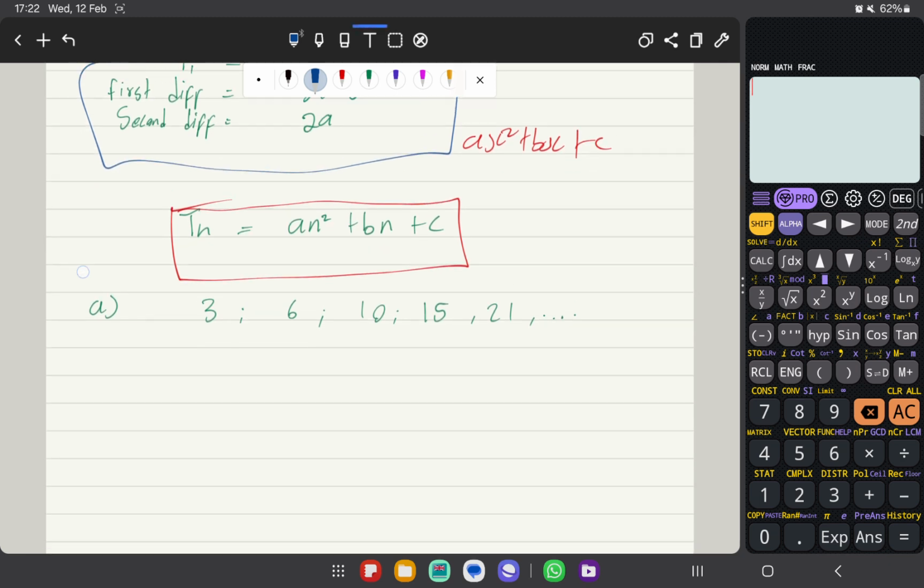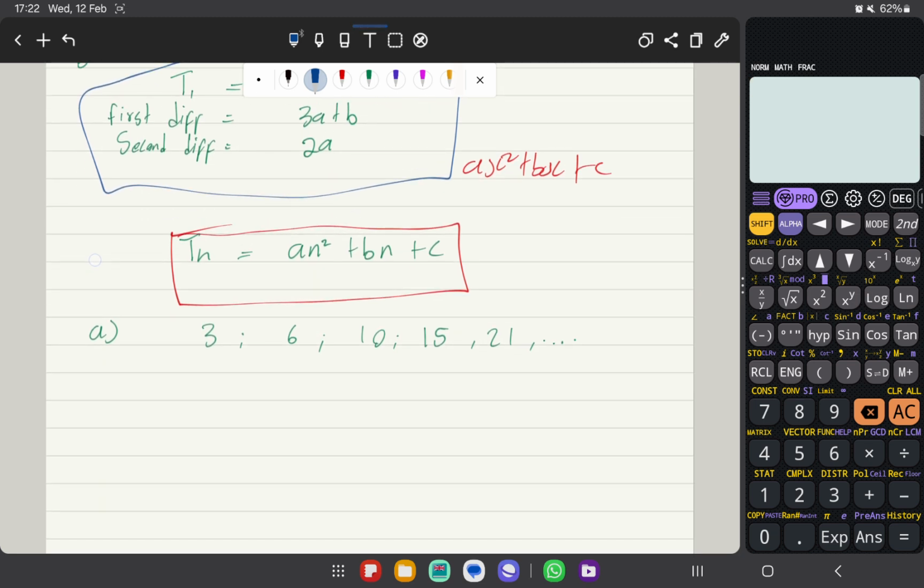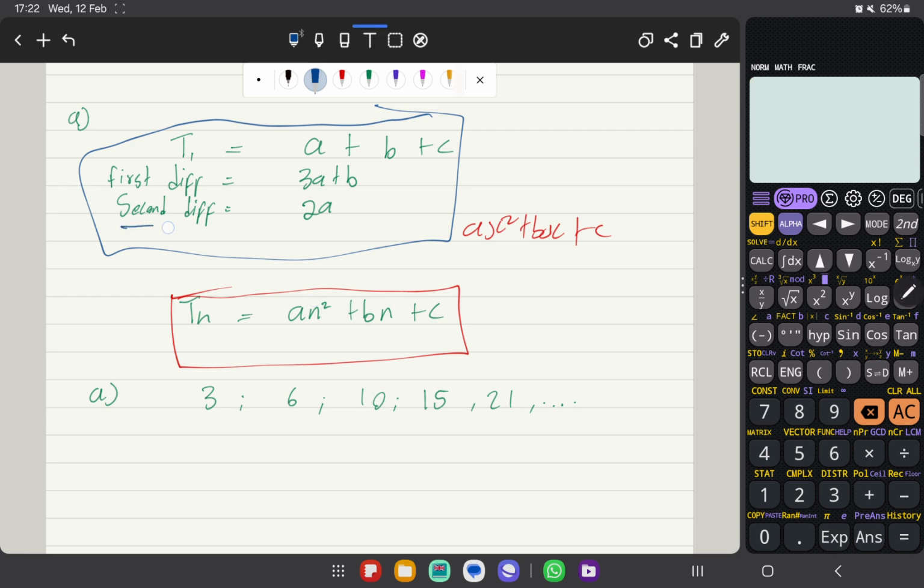So let's apply these to this problem. For quadratic sequences, you're going to find two differences. As you can see, I have the second difference and the first difference, and of course this is term one. First, find the first difference.